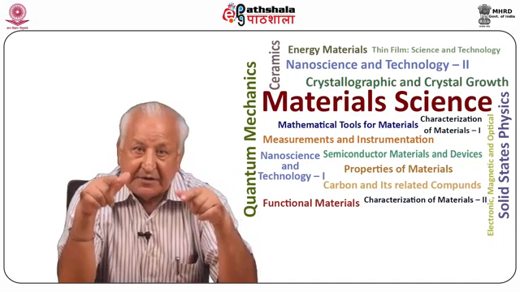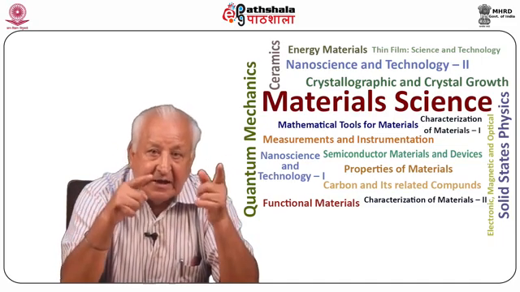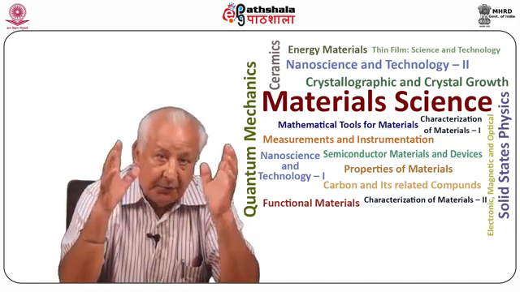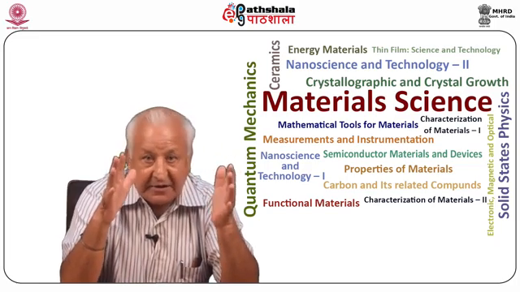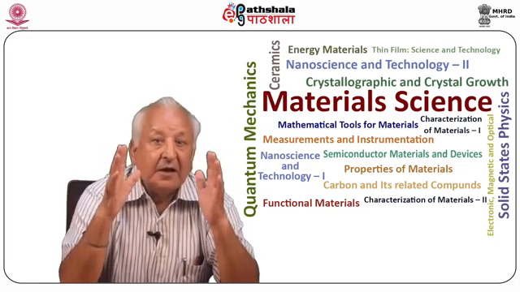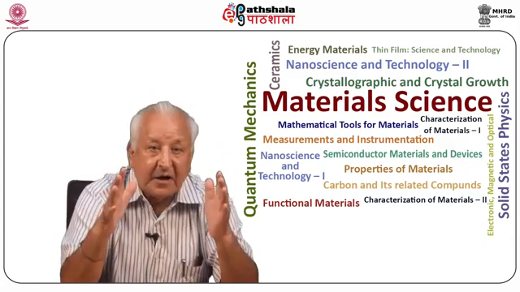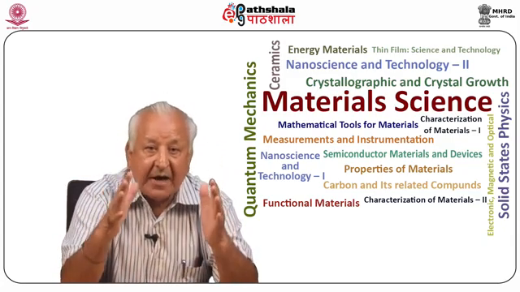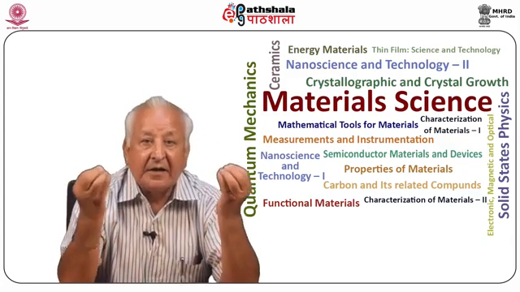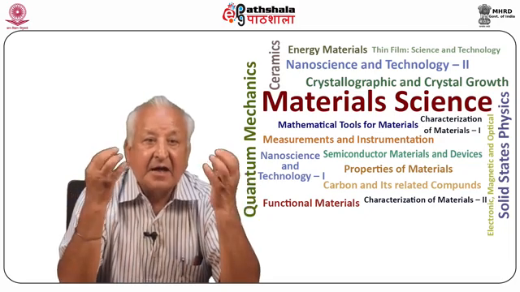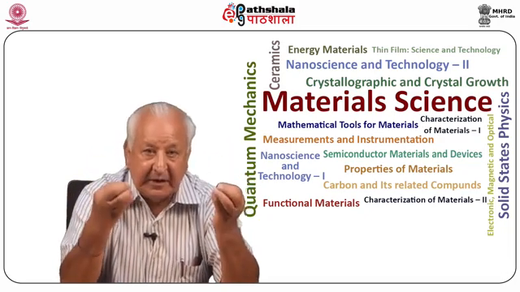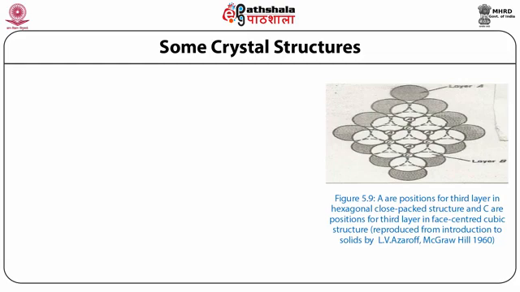This sequence of sheets leads to a structure which exhibits hexagonal symmetry. It is known as hexagonal close packed structure and is abbreviated as HCP. Figure 5.9 shows another way of representing close packed structures.